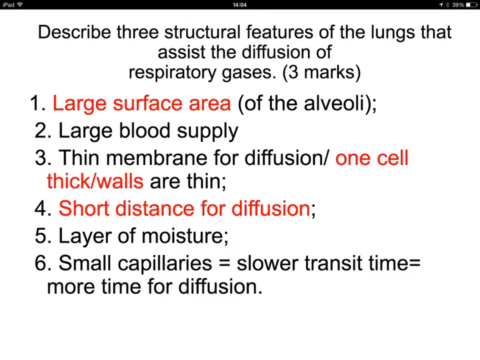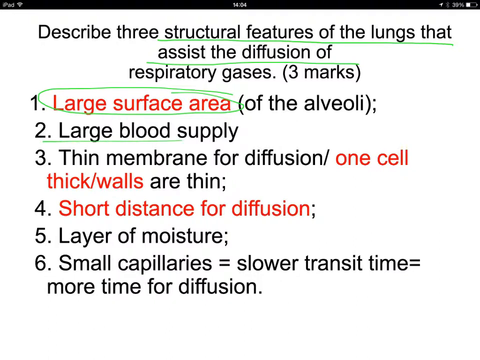Just one last question that fits into this topic: the structural features of the lungs that assist diffusion. So a few answers here. In terms of allowing diffusion to happen, the alveoli have a large surface area. So there's lots of space in the alveoli that allows diffusion to take place a lot more easily.